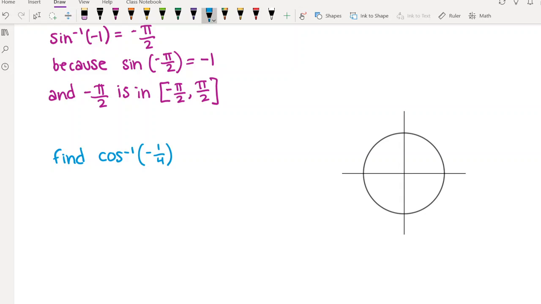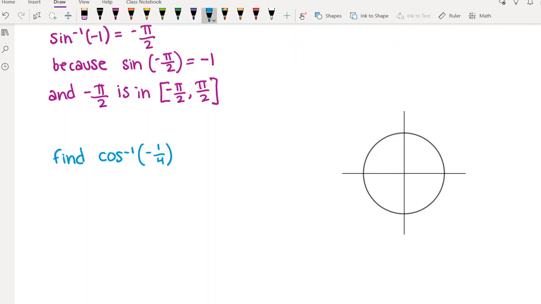What's different about this one? Well, it doesn't fit in with the points that we're familiar with on the unit circle. It's not √2/2, it's not √3/2, it's not 1/2, it's not 1, it's not -1, it's not 0. It's not one of those familiar angles or familiar points. That does not mean that this point is not on the unit circle.